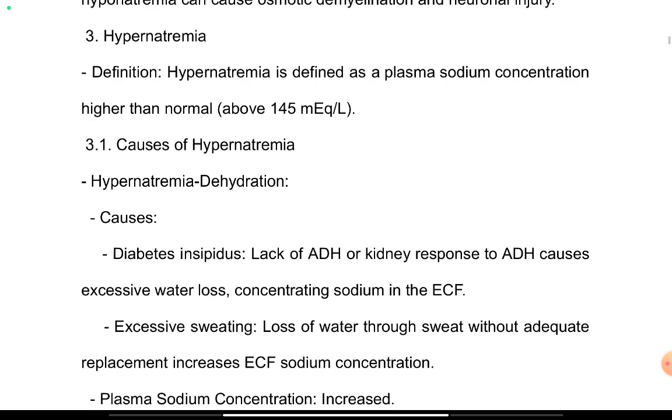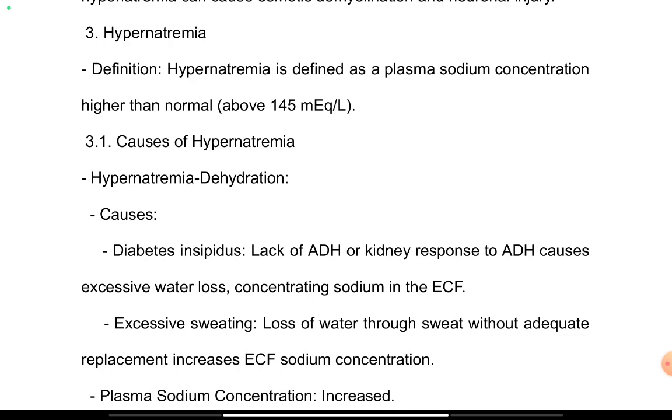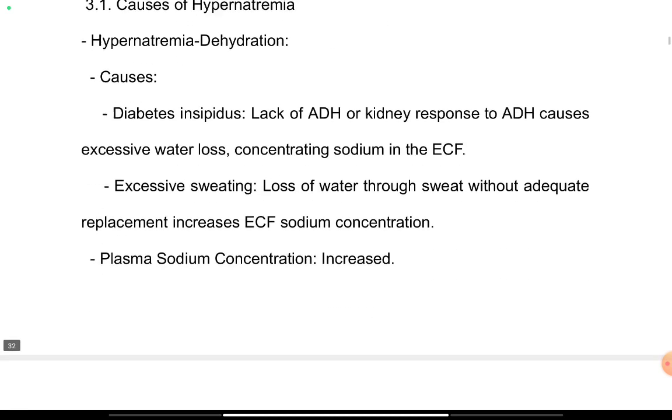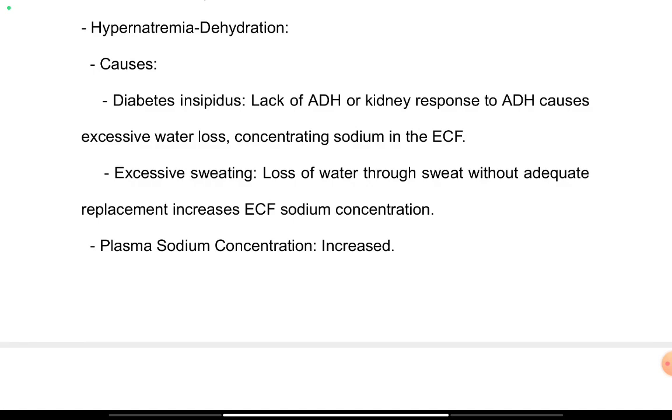Now, hypernatremia, on the other hand, is when the plasma sodium concentration is higher than normal, higher than 145 milliequivalents per liter, and there are also causes. I've explained earlier diabetes insipidus.